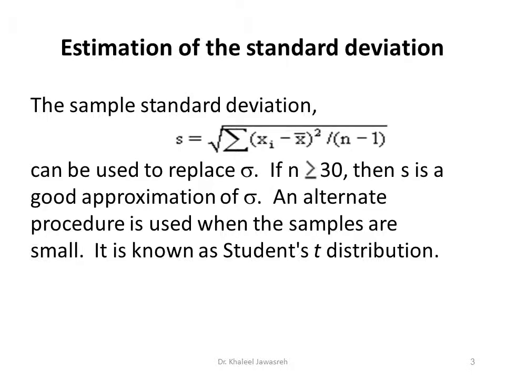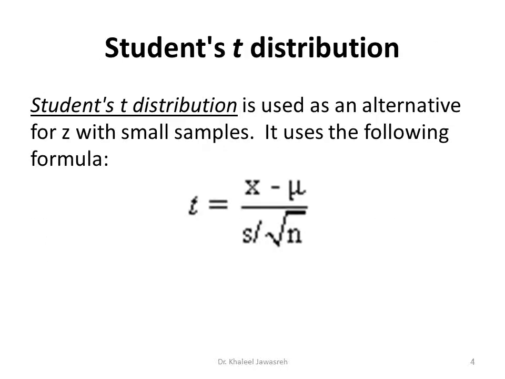Student t-test here is used as an alternative for what? For Z values. Z scores cannot solve this, because sigma is unknown in the assumption. It uses the following formula to calculate the student t-test.